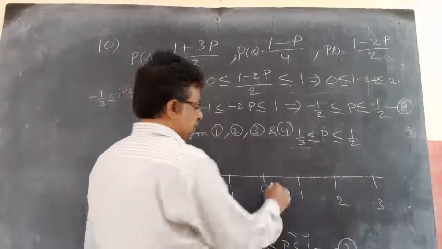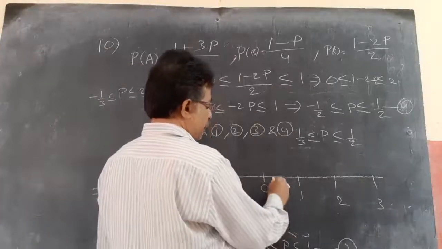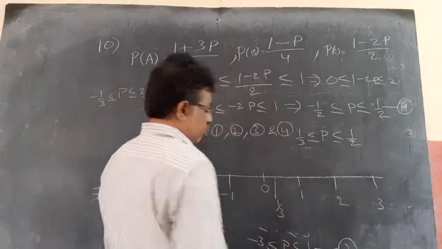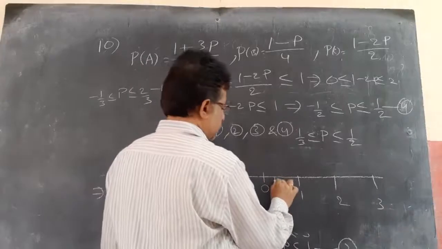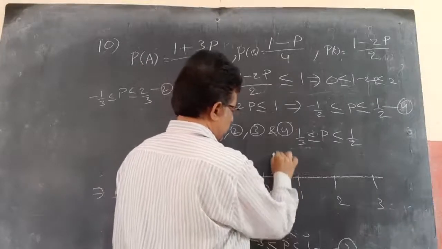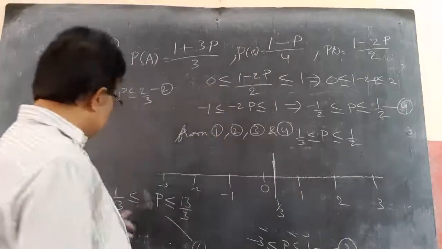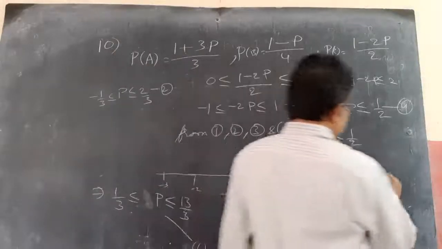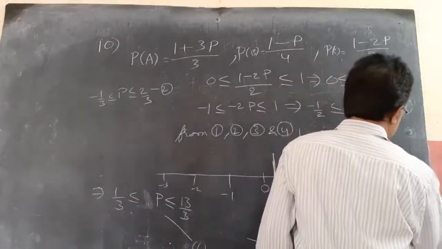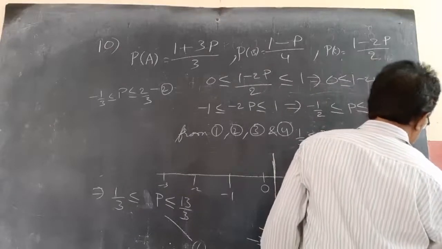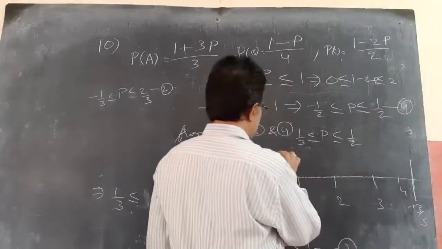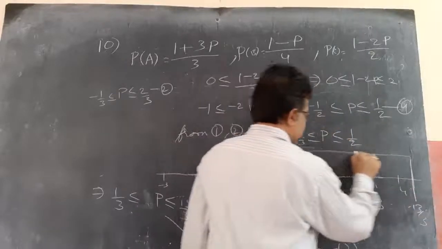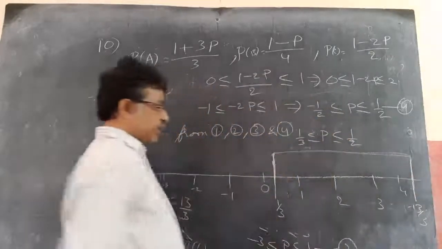Somewhere between 0 and 1, you will get 1 by 3 here. 13 by 3 means 4 point something, so we get 13 by 3 somewhere here. So the first inequality is this on the number line.